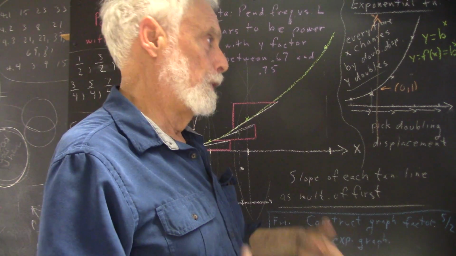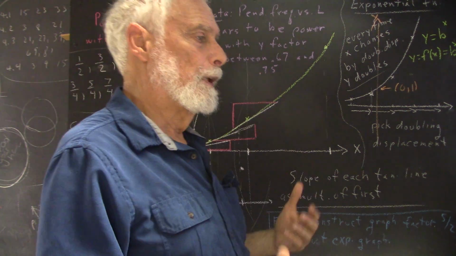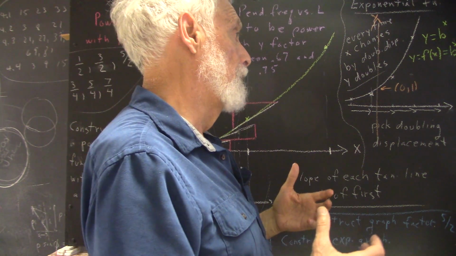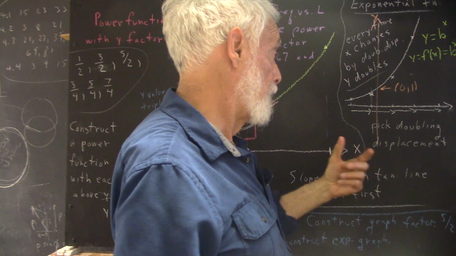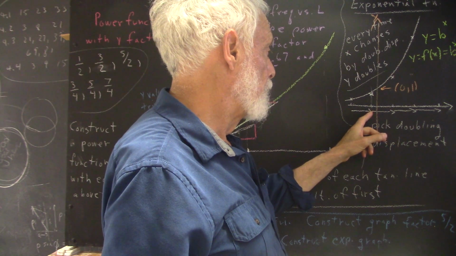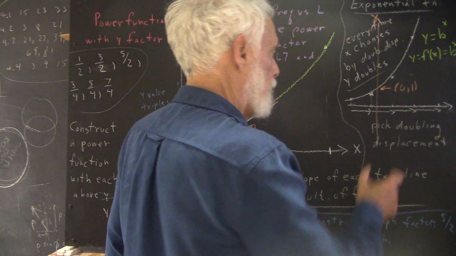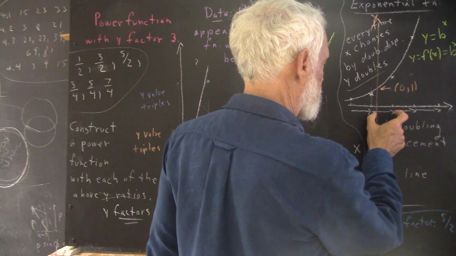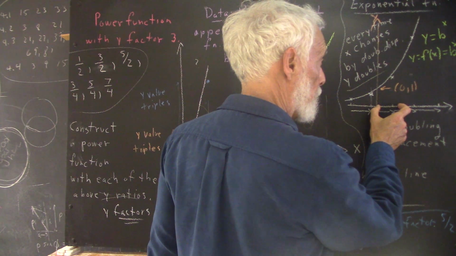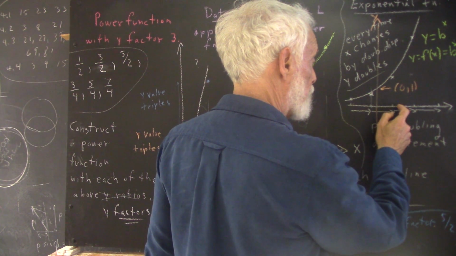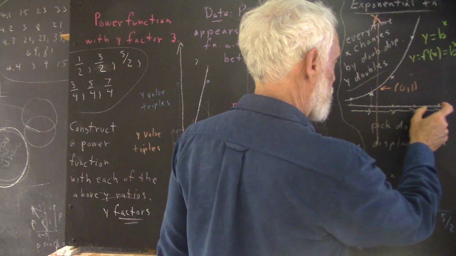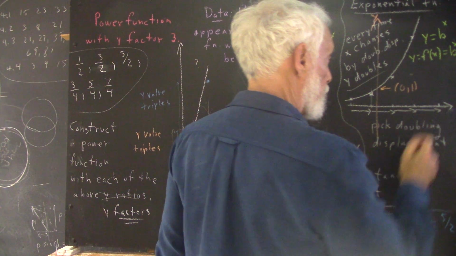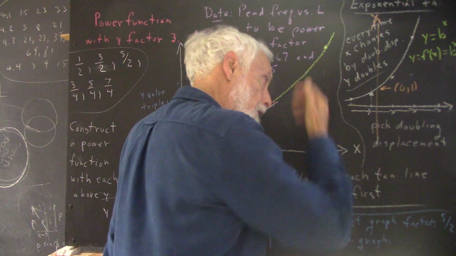So, if we find out that we have an exponential phenomenon that has a doubling displacement of 7, whatever the units might be, then we know that this doubling displacement is 7, and now that we know where the y-axis is, we can apply that doubling displacement from the y-axis to get 7 here. Apply it again, we get another 7, that makes it 14, apply it again, there's 21, -7 over here, etc.